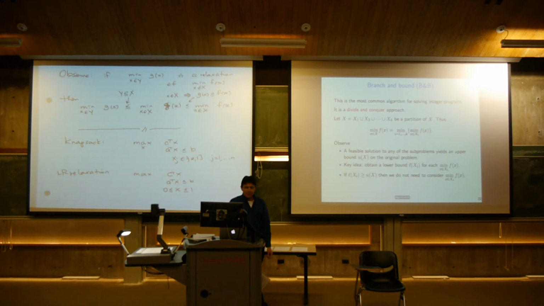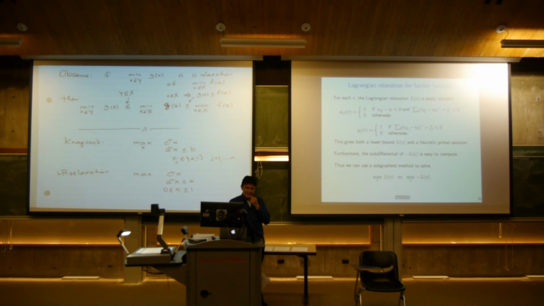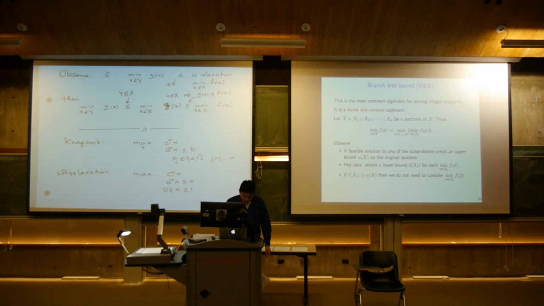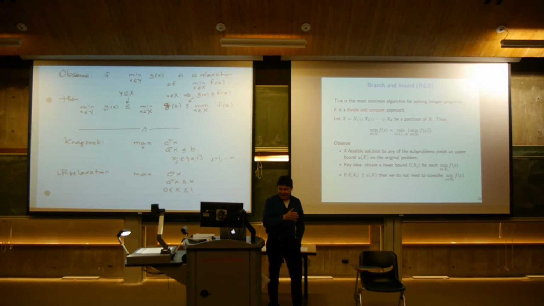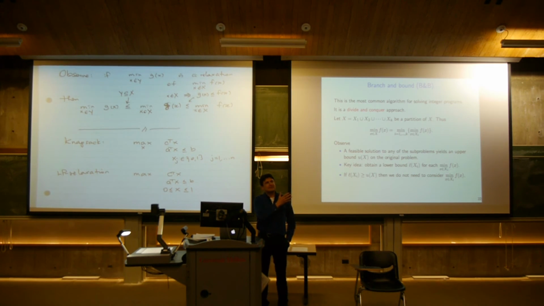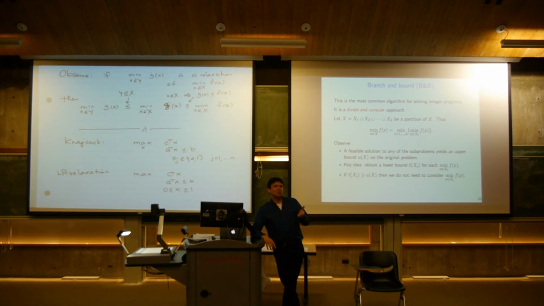Lagrangian relaxation is a way of obtaining relaxations, but I want to conclude today with a general algorithm for solving integer programs. In fact, this template is what is used by most commercial solvers for integer optimization.